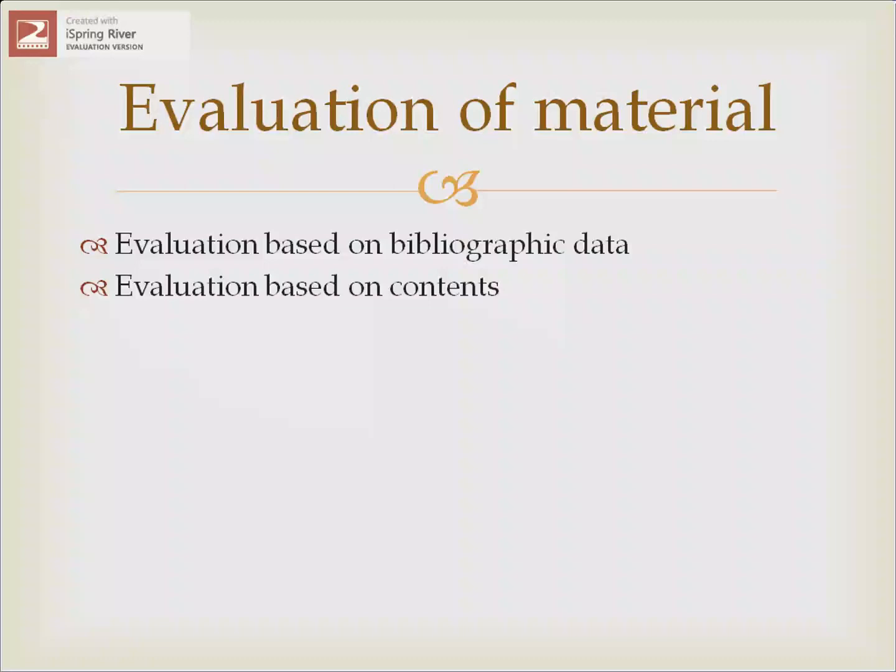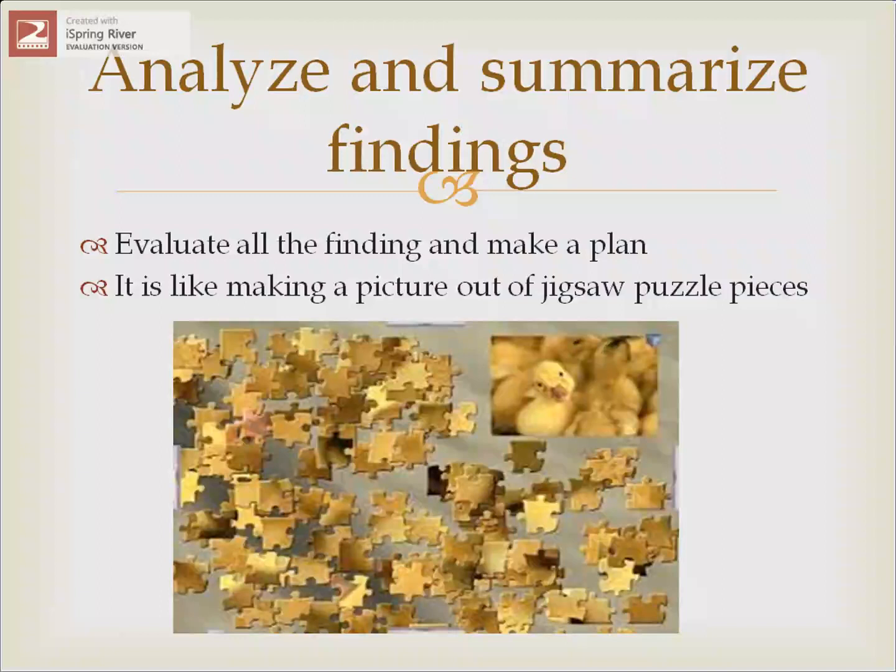You can evaluate the material once the studies are selected. Then you have to evaluate the material on the basis of bibliographic data. Once you have evaluated the material based on their contents and also their bibliography, then you have to put all these studies in a proper plan and in a systematic way.